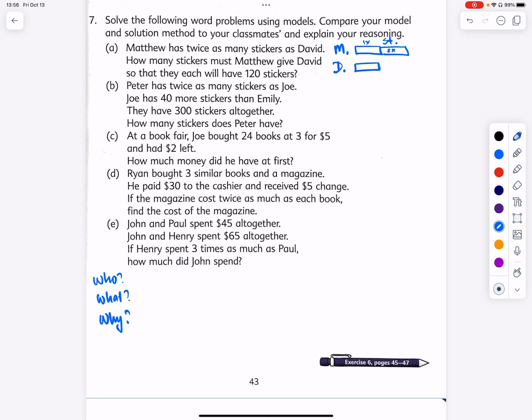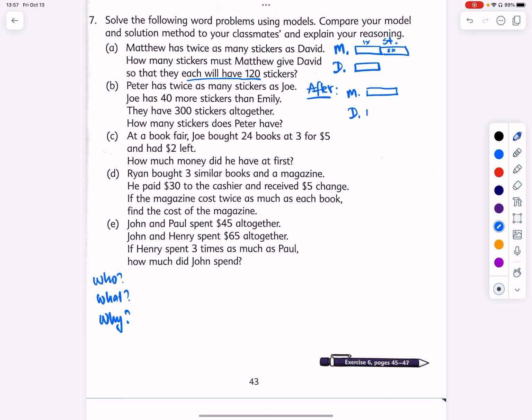What happened to their stickers? Well, this is what was there before. What we want to do is after. We want Matthew and David to distribute the stickers in such a way they each have 120.